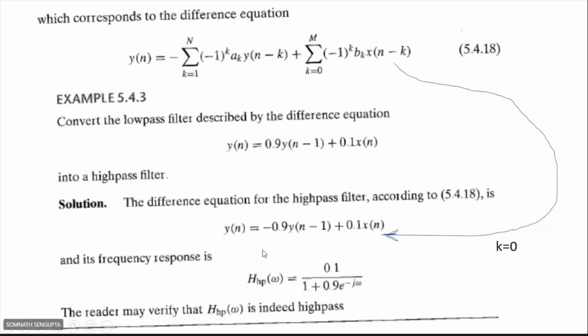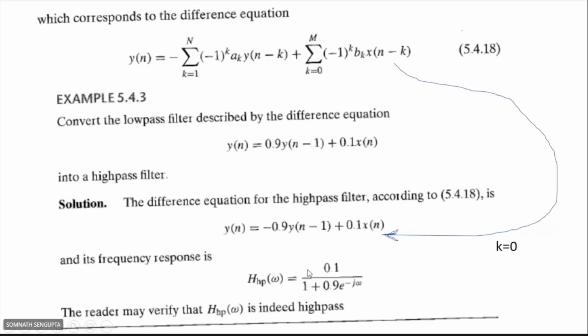Now Y(z) by X(z), that is H(z), is equal to 0.1 by 1 plus 0.9 z inverse. Now in the frequency domain, in place of z we write e to the power j omega, so it becomes e to the power minus j omega. So this is actually a high pass filter.